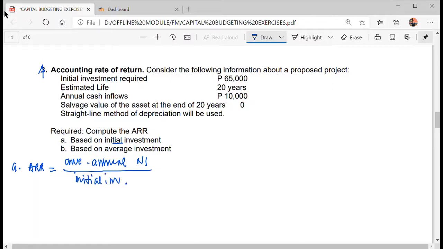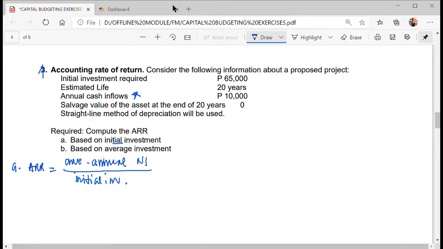Remember how to determine the annual net income. The given here is annual cash inflows. There is no given annual net income, so if it is not given, we need to compute it.